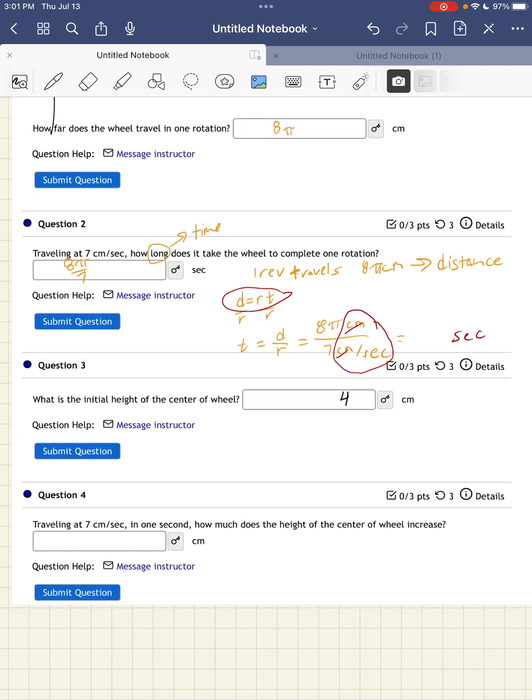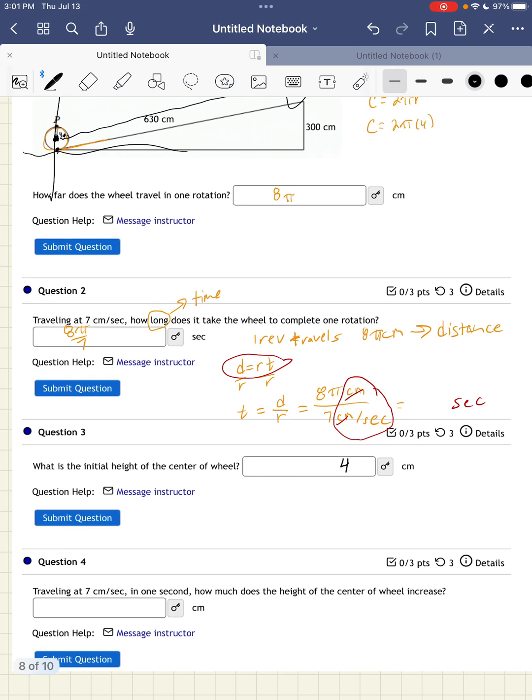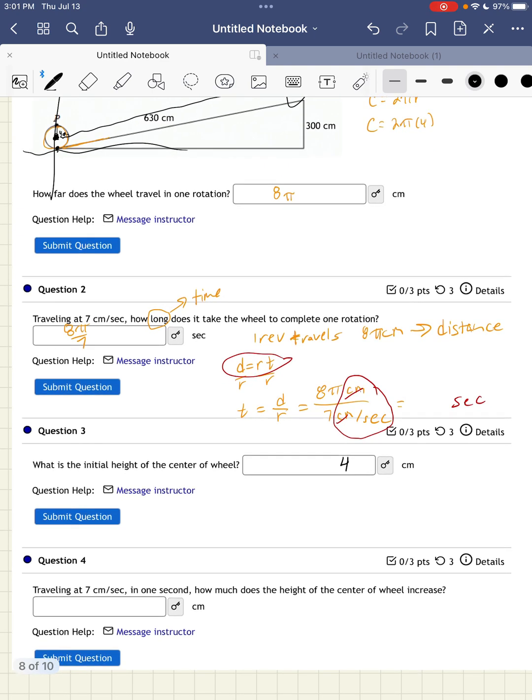It says traveling at 7 centimeters per second, in 1 second, how much does the height of the center of the wheel increase? So they want to know in 1 second, how much does the height increase?